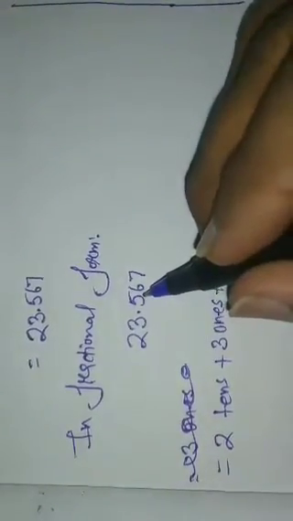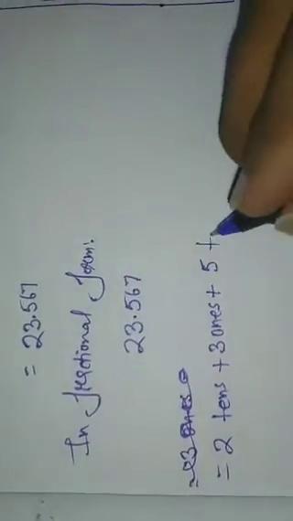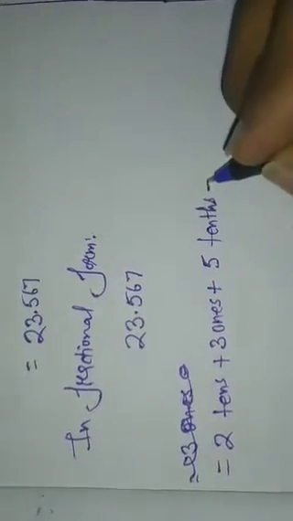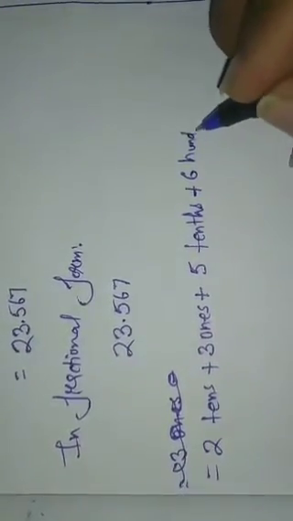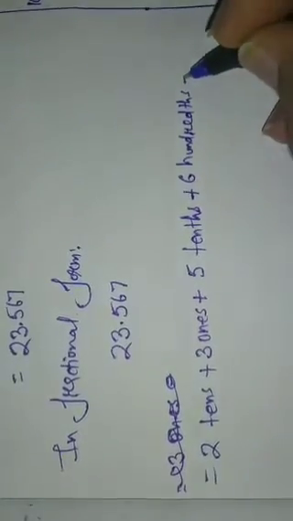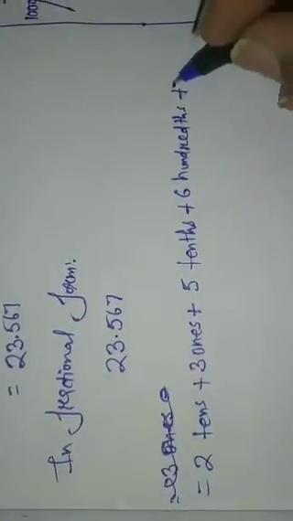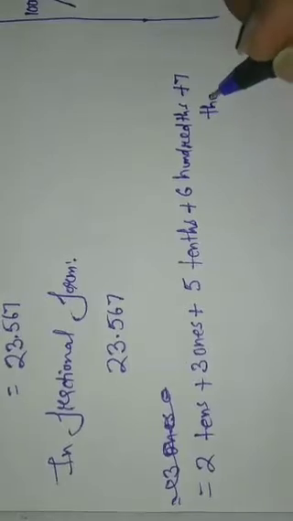5 has been given after the decimal, so it is written as 5 tenths, plus 6 hundredths, plus 7 thousandths.